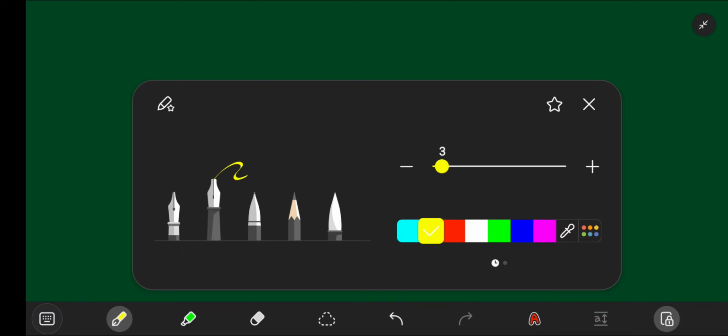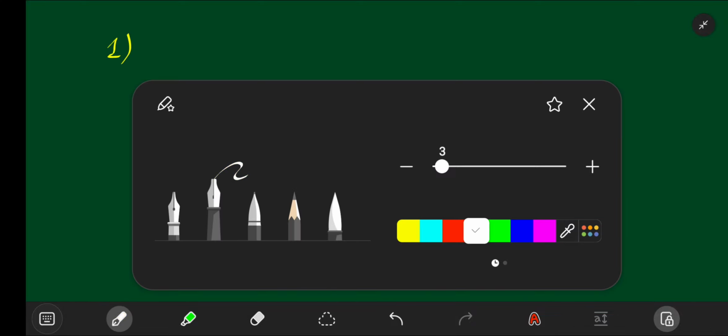Now it's time to do few examples, and these are also PYQs. First one, first PYQ, first example.